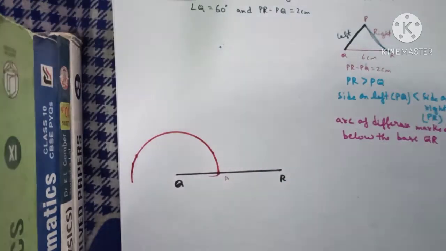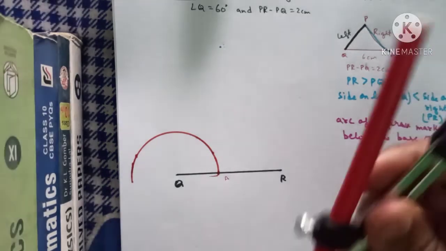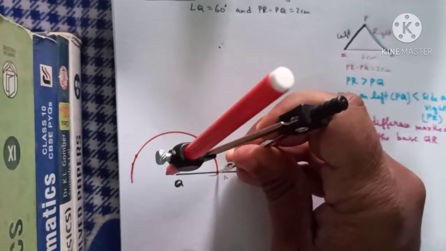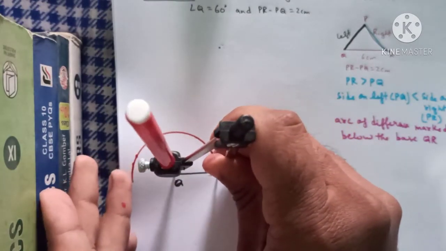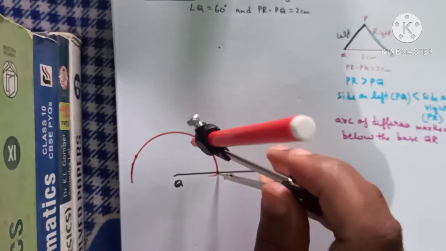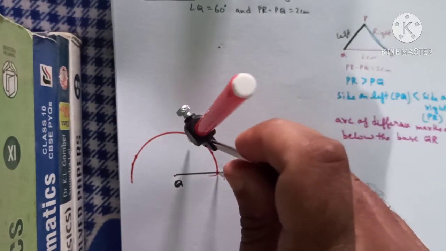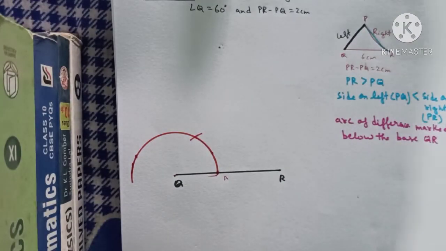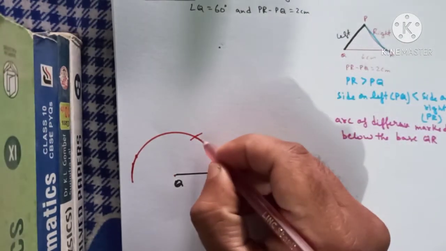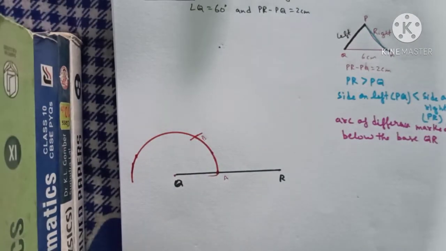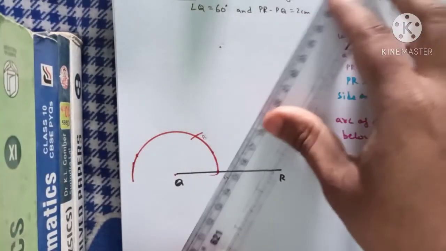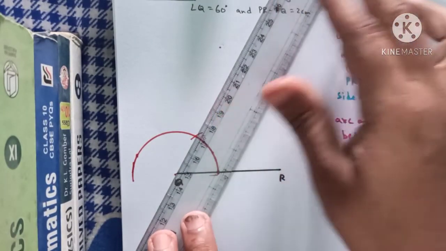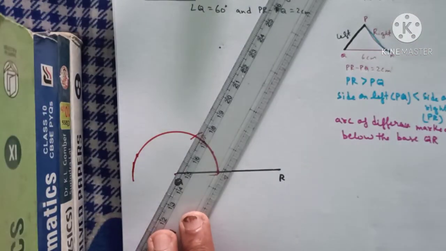Now with A as the center, taking the same radius, we will draw an arc, and let's say this intersection point is B. If we join QB, then angle RQB will be 60 degree.